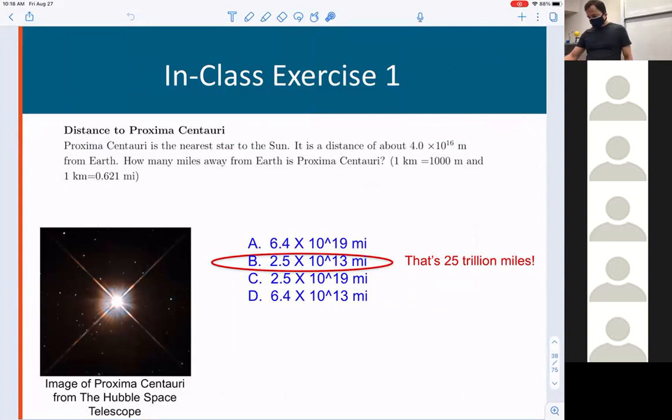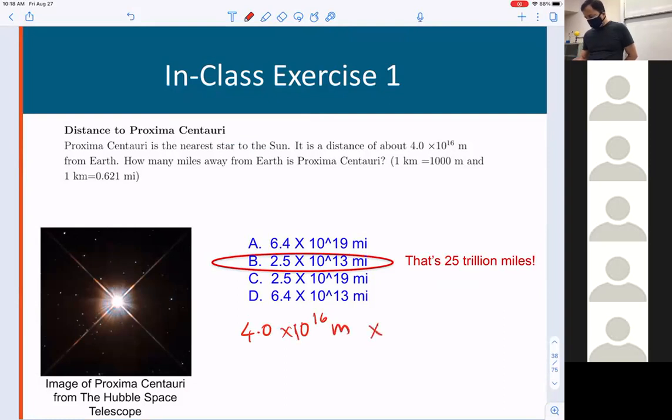What you would do is take your 4.0 times 10 to the 16 meters. You would then convert the meters into kilometers, so you would have 1,000 meters in 1 kilometer. And then you would convert your kilometers to miles, so 1 kilometer is 0.621 miles.